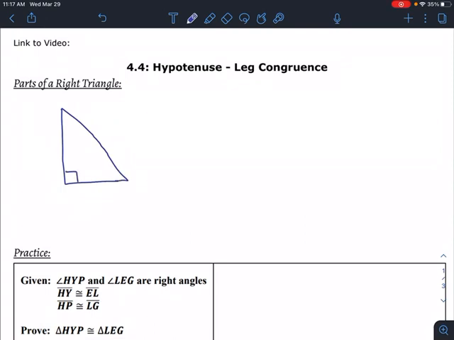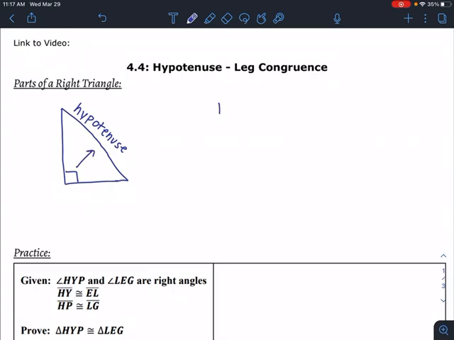Here's my right angle. One of the main parts of the right triangle is known as the hypotenuse, and this side is directly across from the 90-degree angle.